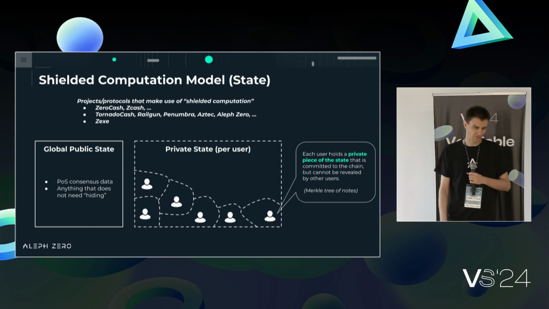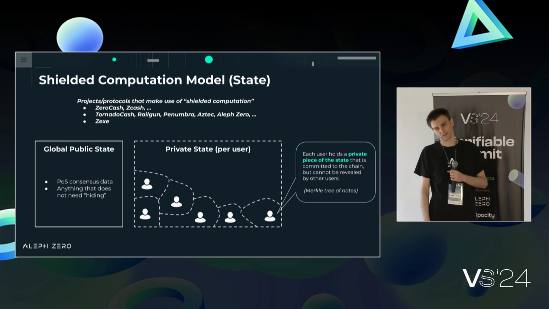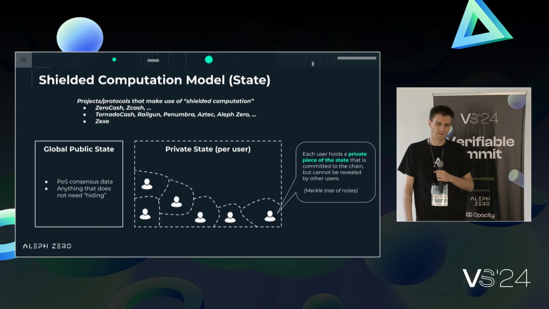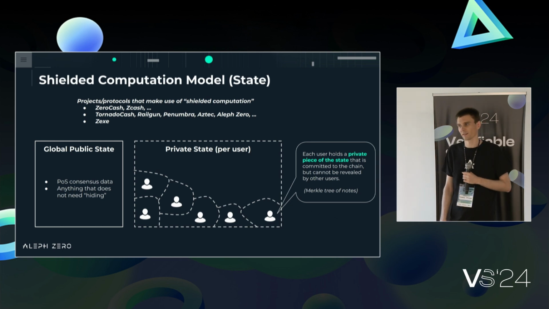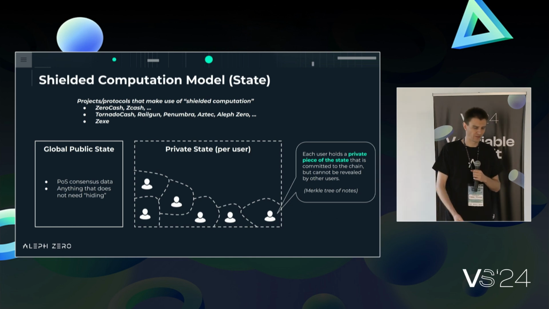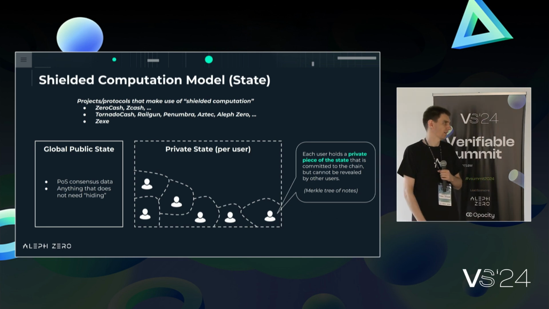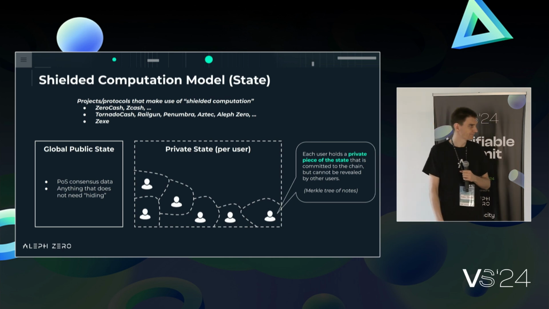But in these privacy-preserving protocols, either for payments or for other things too, you also have private state. And the private state is, each user has their own private state. So the private state is really divided into these little regions. Each user has one region of data that only he or she knows, right?